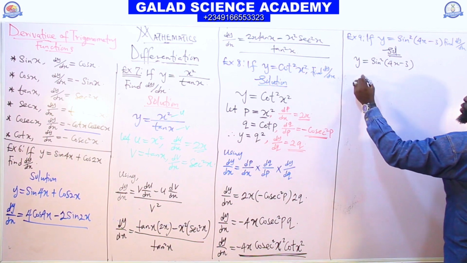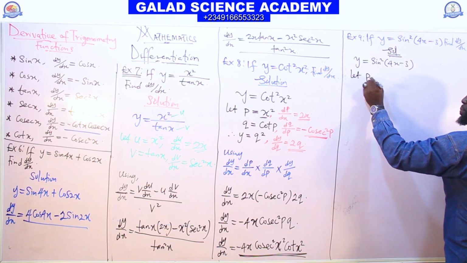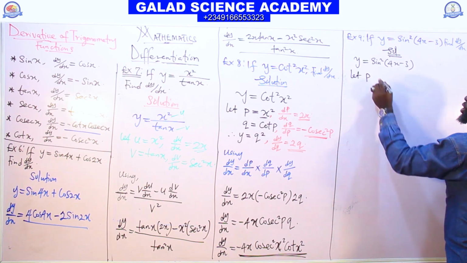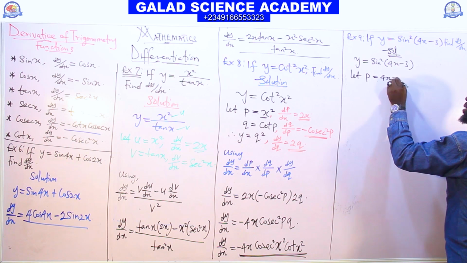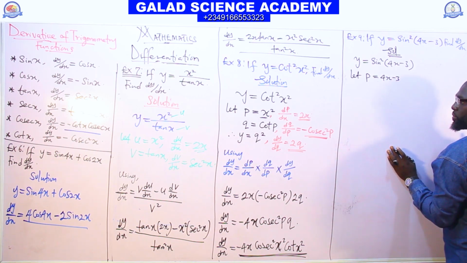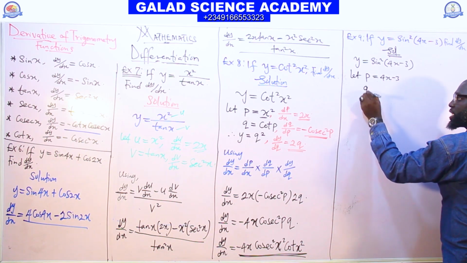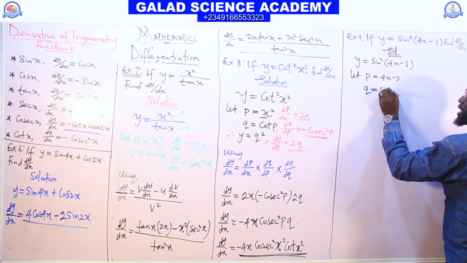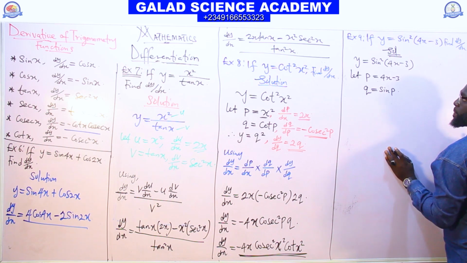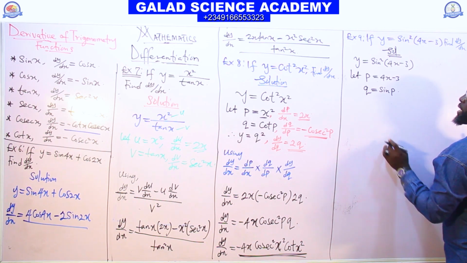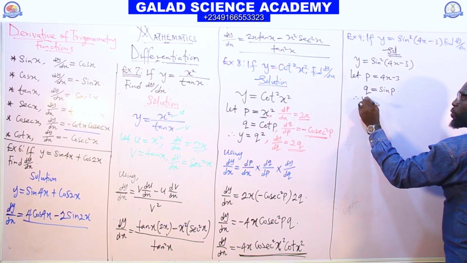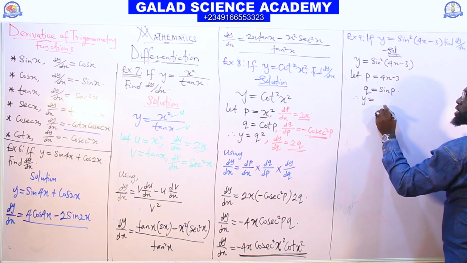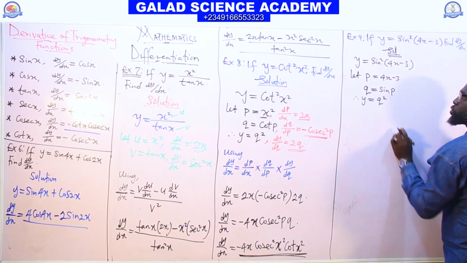The first thing you do is let P equal to 4x minus 3. You can now say, let Q equal to sine P, and therefore y will now equal Q square.